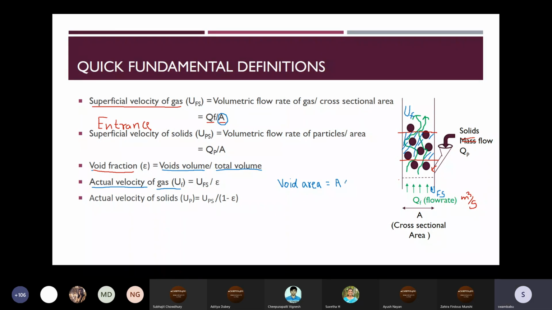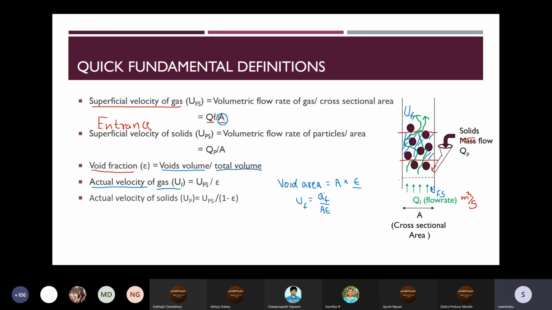Epsilon. Void fraction. Correct, thank you. So the void area is A into epsilon, and the actual velocity UF will be QF by A into epsilon, that is A into void fraction.